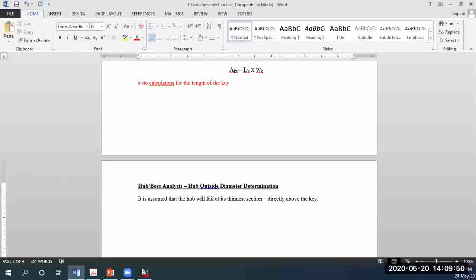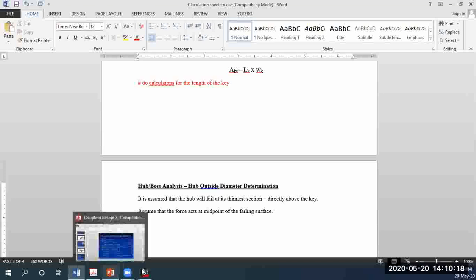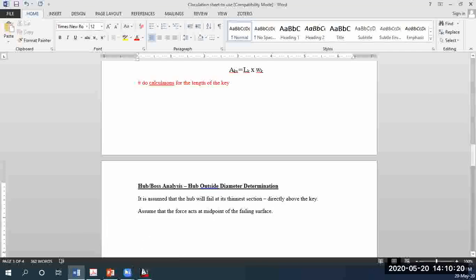One of them is that we will assume that the force acts at midpoint of the failing surface. What the second sentence means is, assume that the force acts at the midpoint.